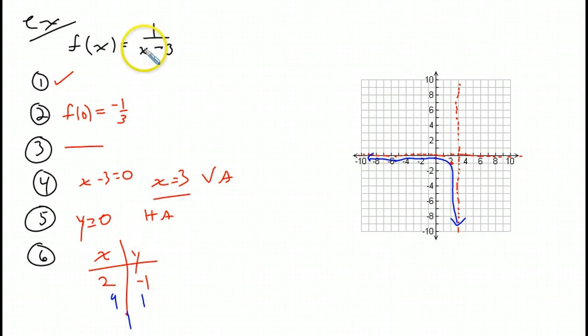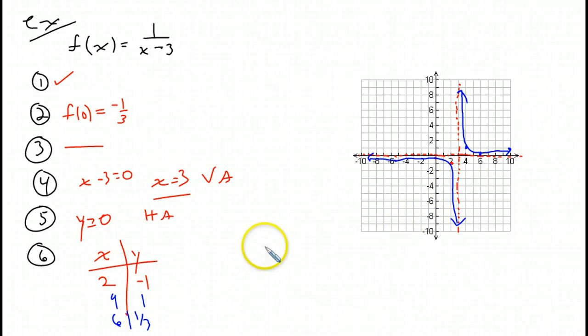And if I choose 6, 1 over 6 minus 3 is 1/3. So it looks like they're going to be on top. So I have 4, 1 and 6, 1/3. So it looks like it's going to kind of mirror it over the new origin type thing.